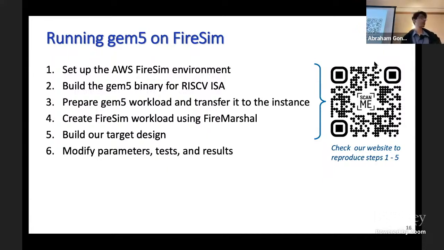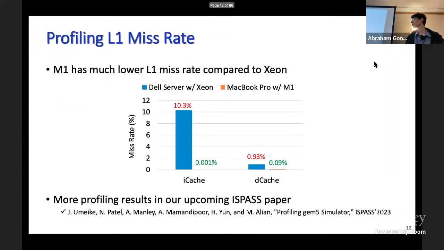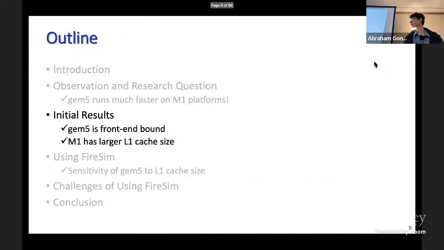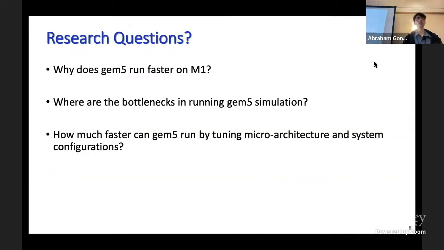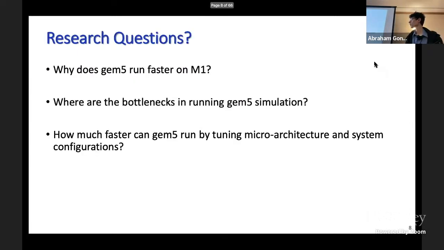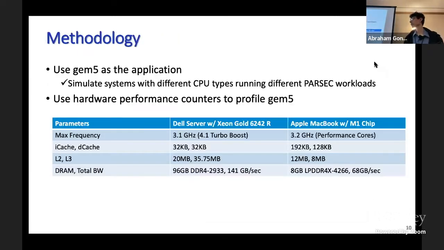We used this Rocket core, which is in order, so we were hoping to also test out-of-order cores, the BOOM cores, to see if that changes the impact of L1 size, because that should add some resiliency to L1 misses. That's one thing we definitely should evaluate as we consider specialized architectures for simulation.